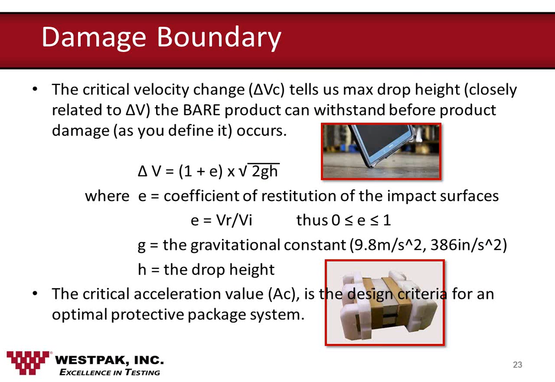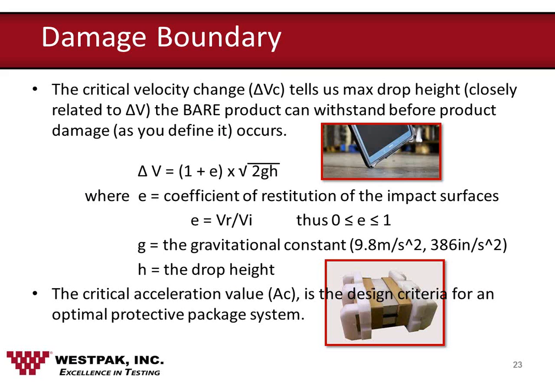Let's return to the critical velocity change and go through that exercise as I previously promised. The critical velocity change is determined from test results and tells us the maximum drop height that the product can bear before damage occurs. So this is experimentally determined from the damage boundary test.